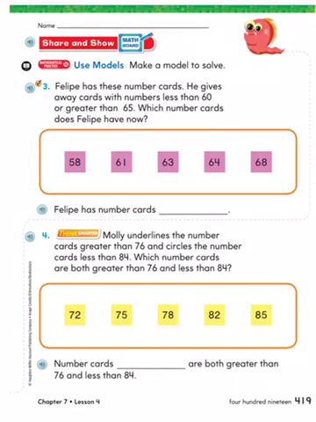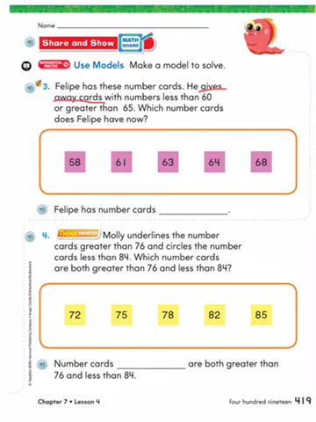Now I'm on page 419 in your math workbook. So, number 3 says Felipe has these number cards. He gives away cards with numbers less than 60 or greater than 65. Which number cards does Felipe have now? So we see that he gives away cards, right?